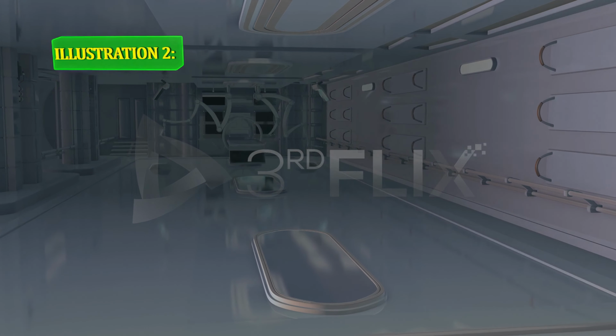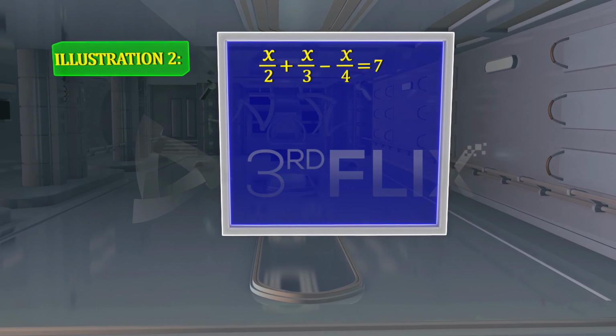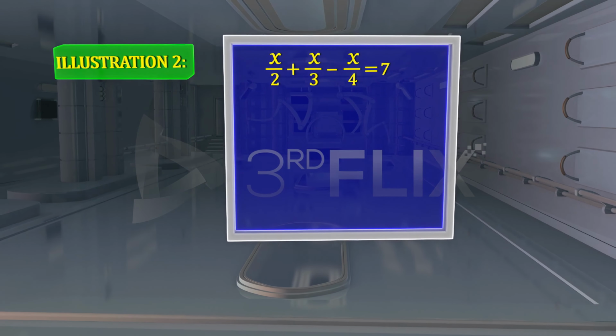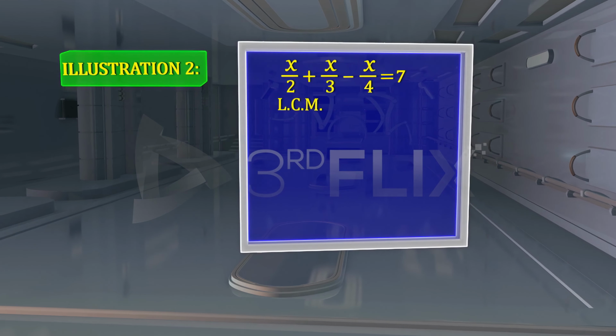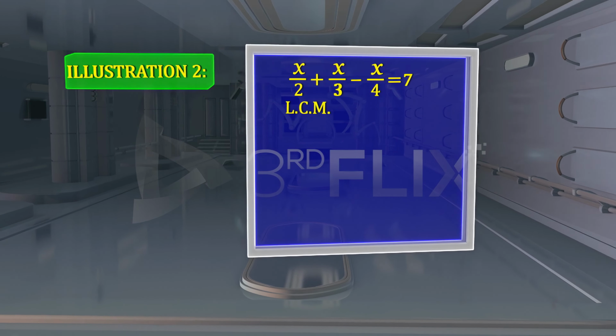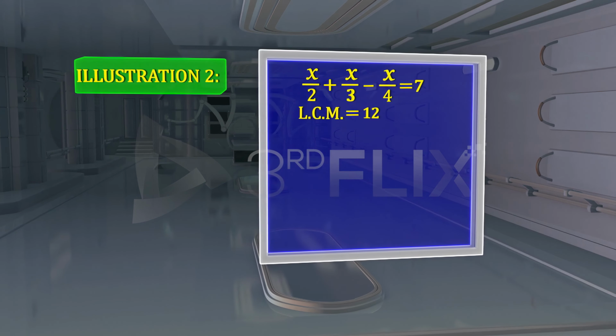Illustration 2. Solve x/2 + x/3 - x/4 = 7. LCM of denominators 2, 3, 4 on LHS is 12.